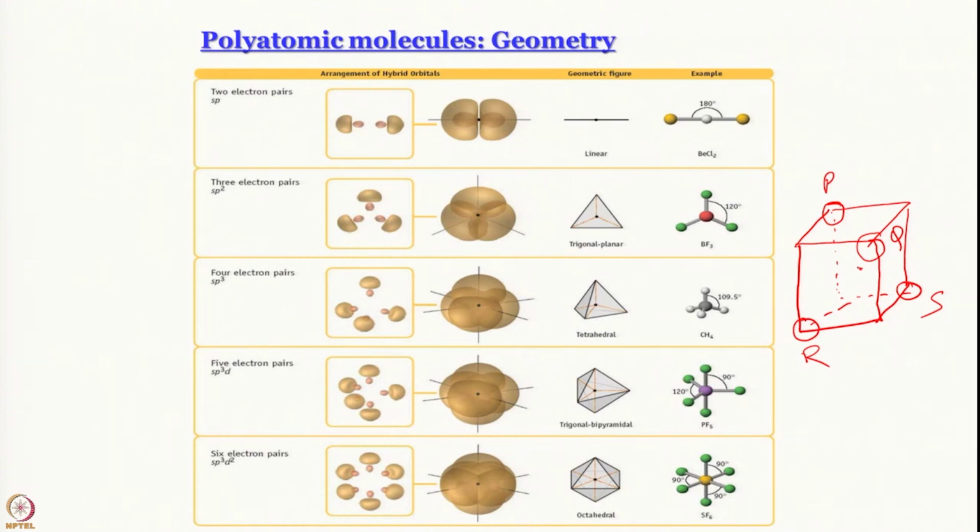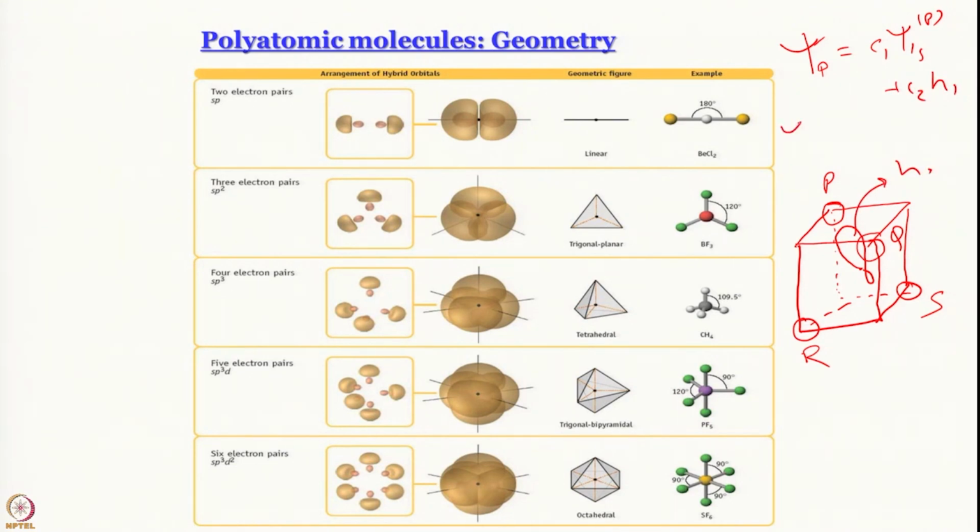So, I can take an sp3 hybrid orbital here, say pointing towards P. Then when I draw the MO, I will call it psi P, that will be some C1 multiplied by psi 1s of P plus C2 of H1, I will call this H1.